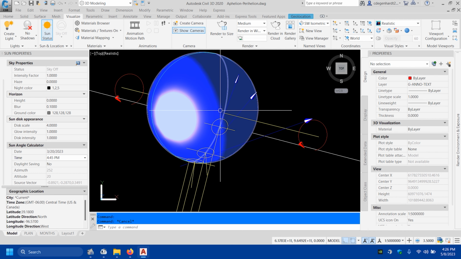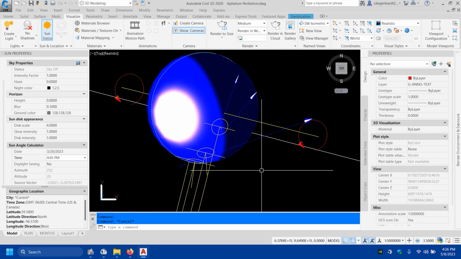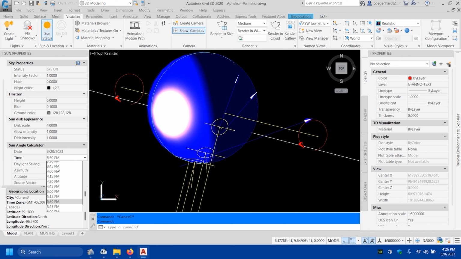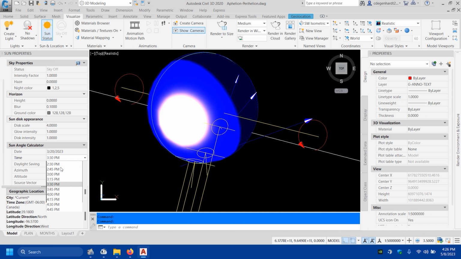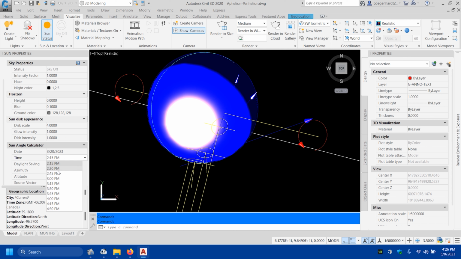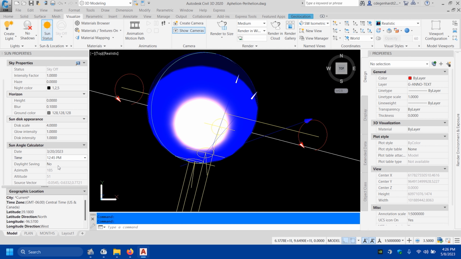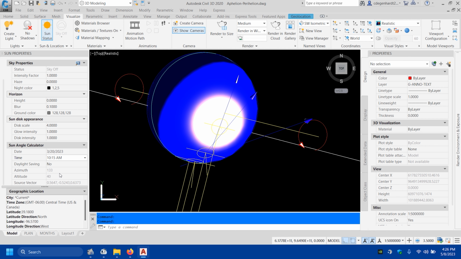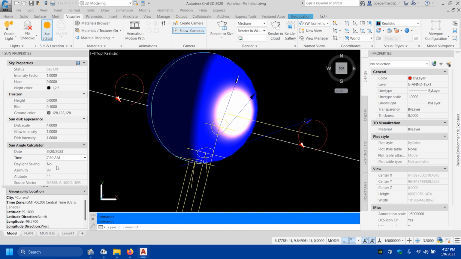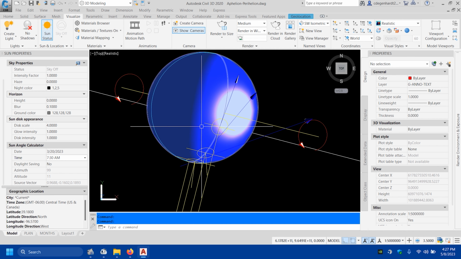So that's the curve of it. I'm playing around now.